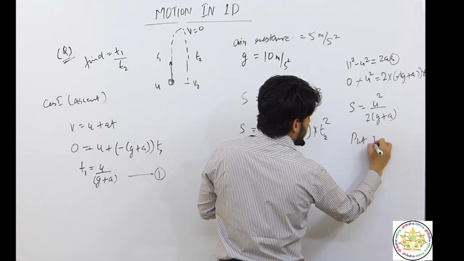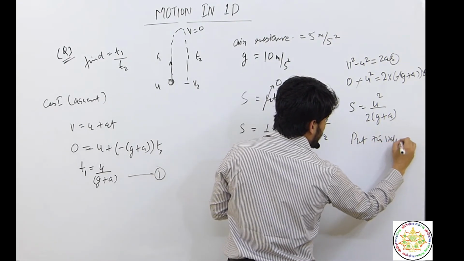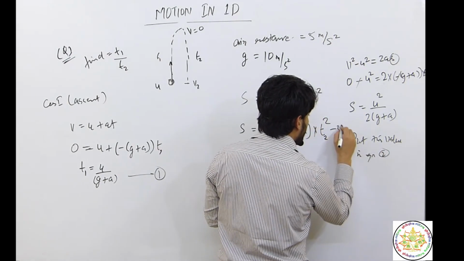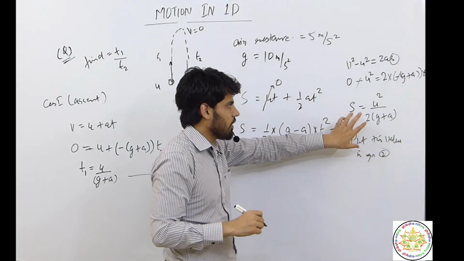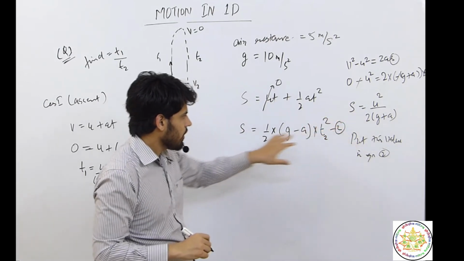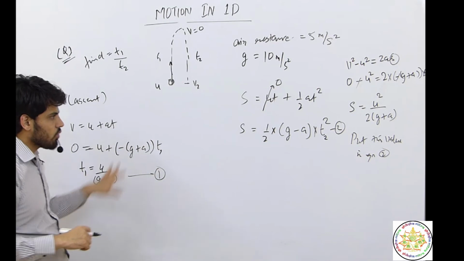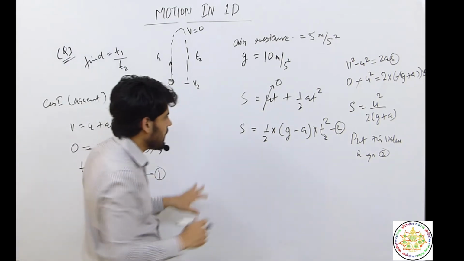Put this value in equation 2. This is equation 2. Why have we put this distance, why did we calculate it? To convert this s in the form of u, g, a, so that the t1 t2 ratio can be calculated.